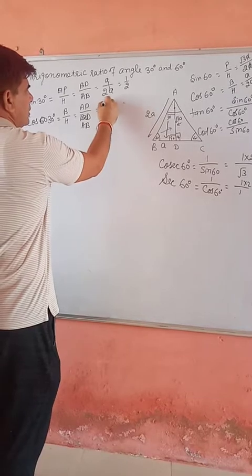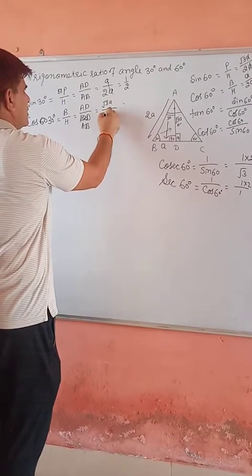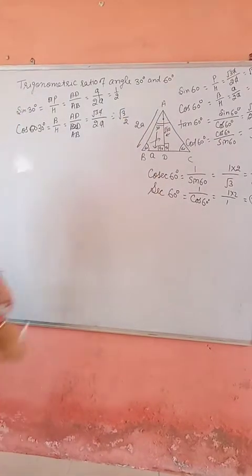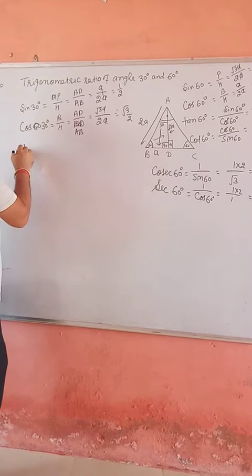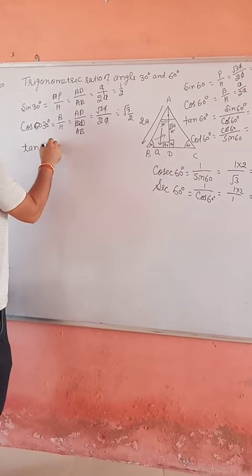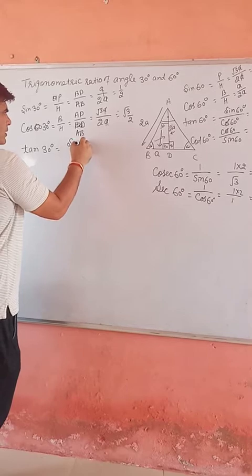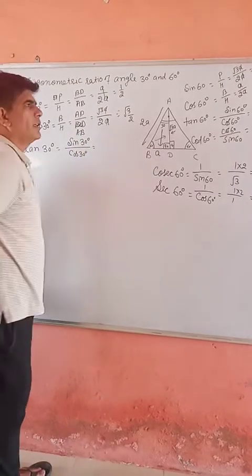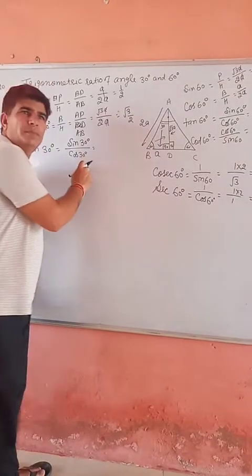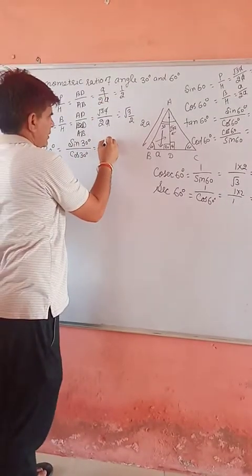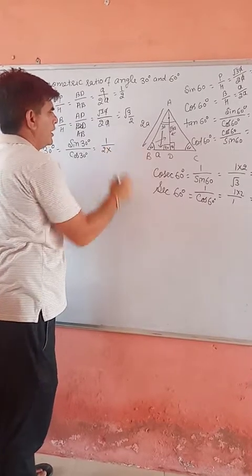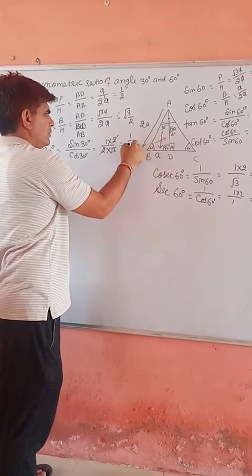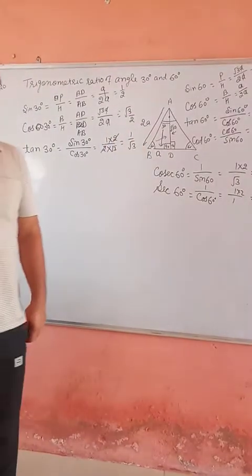AD is √3A and AB is 2A. This cancels, so it means √3 by 2. Similarly, tangent 30 degrees. Again same process: sine 30 degrees by cos of 30 degrees. Sine 30 is 1 by 2, cos 30 is √3 by 2. So tangent gives me 1 by √3. Getting or not?